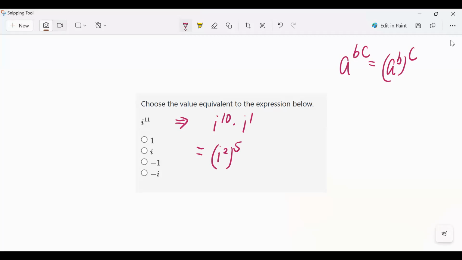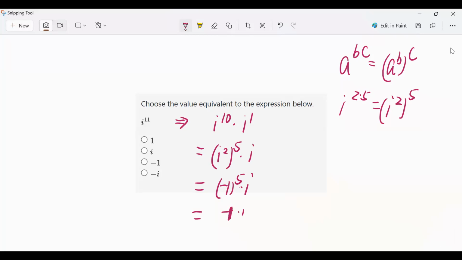Basically, just split 10 as 2 times 5. So i to the 2 times 5, and i squared to the 5th power. And we know this is i. And i squared is -1. -1 to the 5th times i. -1 to the 5th, that's -1. So it's negative. So the answer should be this.